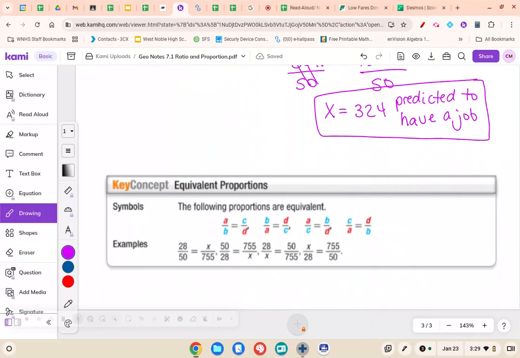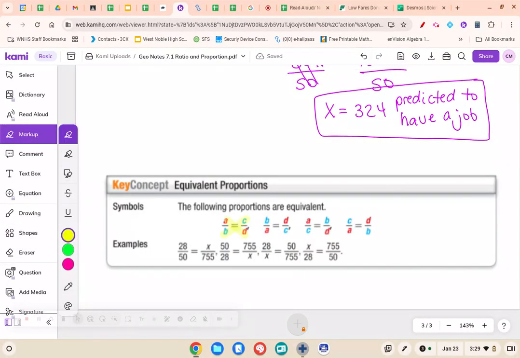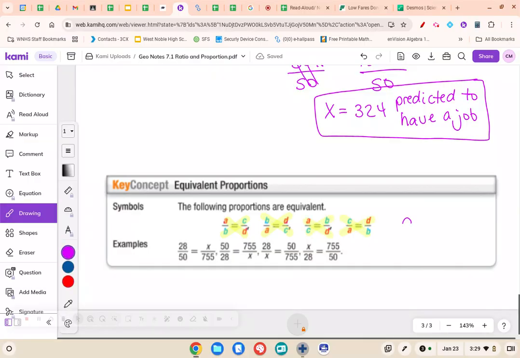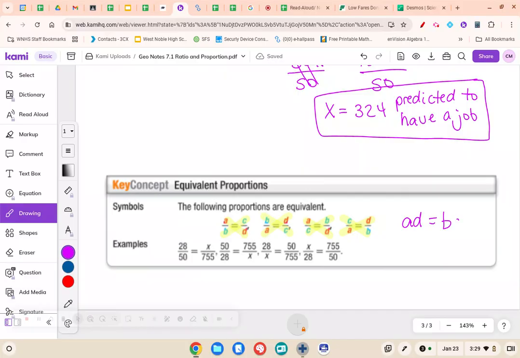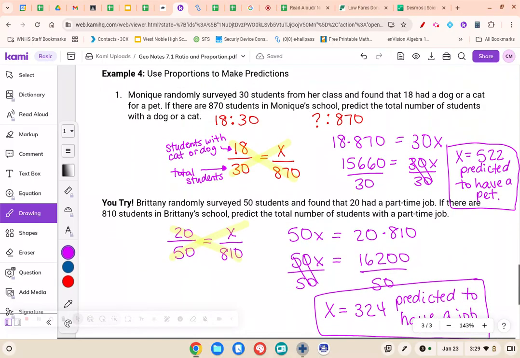Notice no matter how you set this up when you cross multiply, you still get that AD is equal to BC on all of these. So these are 4 different equivalent proportions. We could have set these up in 4 different ways as well.